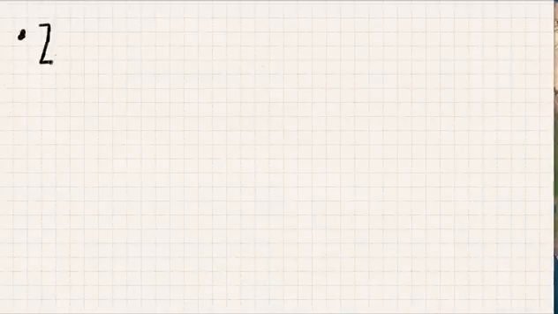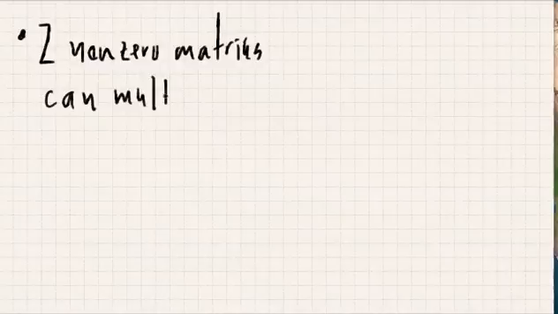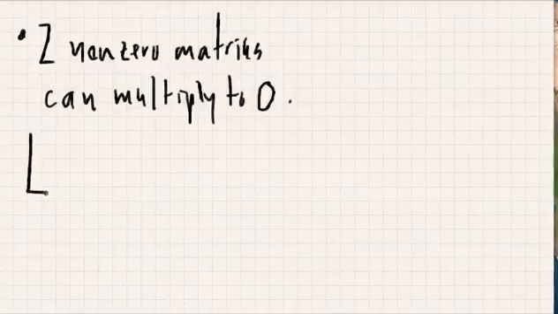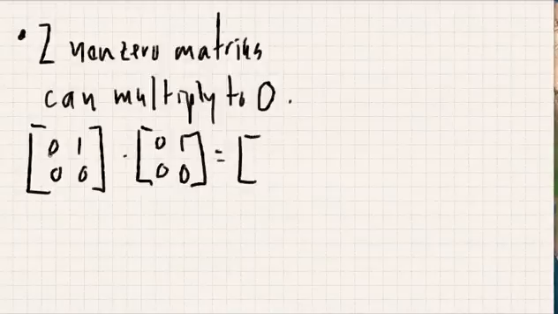We can have two non-zero matrices multiply to 0. So for example, if I took the matrix 0, 1, 0, 0 and multiplied it against itself, 0, 1, 0, 0, what do I end up with? 0 times 0 plus 1 times 0 is 0. 0 times 1 plus 1 times 0 is 0.